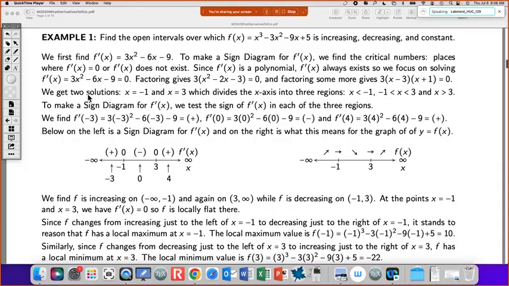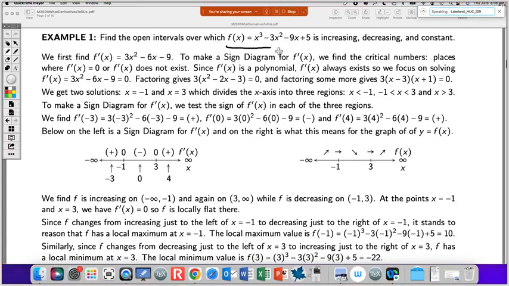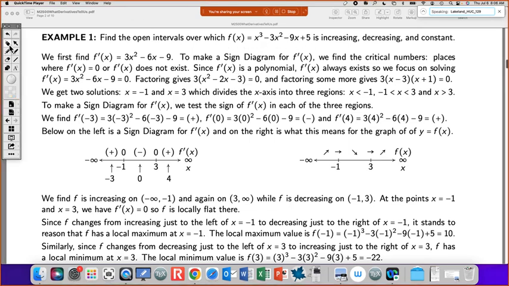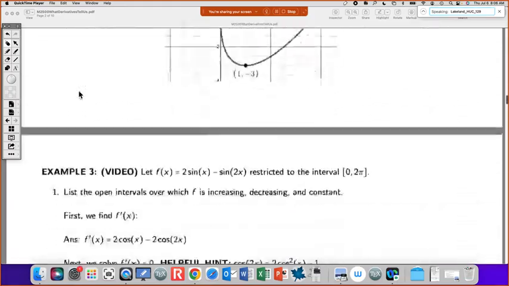So let's take a look at this polynomial here. In the handout we do first derivative stuff, then we talk about second derivative stuff. So we're going to be working through example 1.